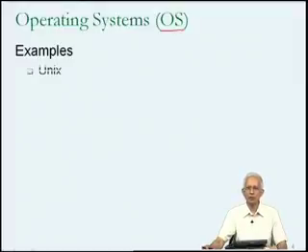Today, one of the more prominent operating system names that you may come across is Unix. Unix is the name of a family of operating systems which has been around for about 40 years now. It has its roots in some design activity at AT&T Bell Labs, followed up by some design activity at some universities, both in Europe and in the US.